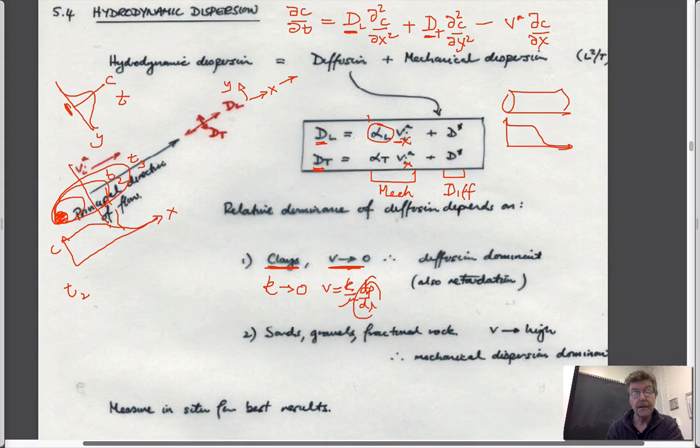Don't worry about it. The other is the opposite end of the spectrum. So I guess the opposite would be when permeabilities are large. If permeabilities are large, then these terms are big. These terms don't change. These are often of the order, we said before, 10 to the minus 9 meters squared per second.